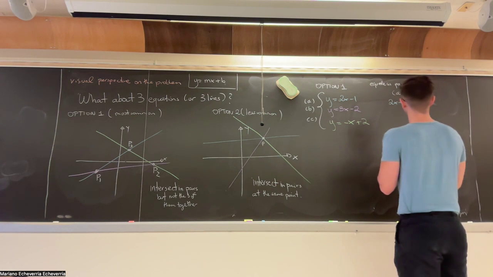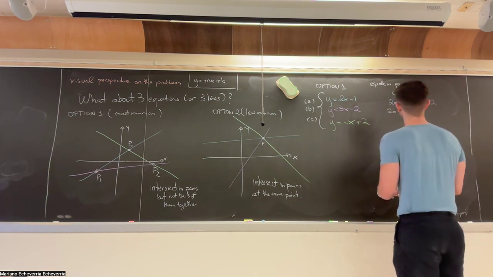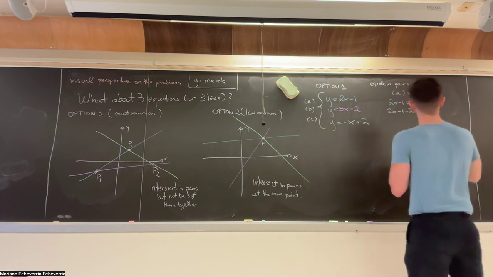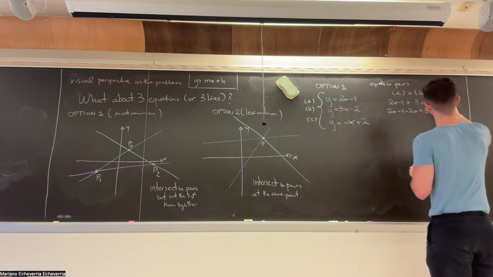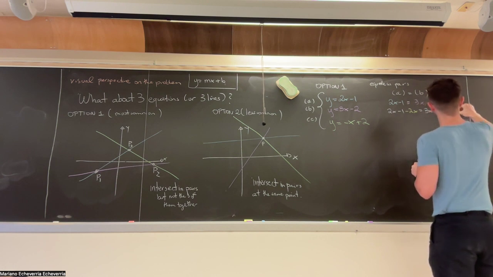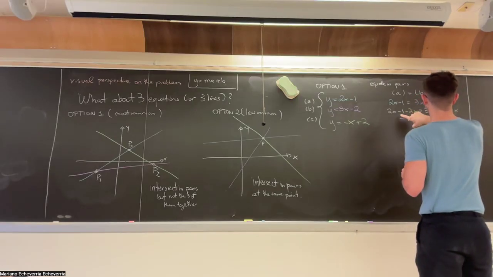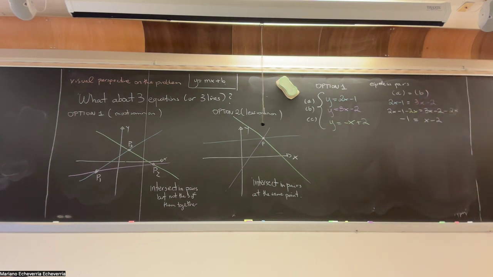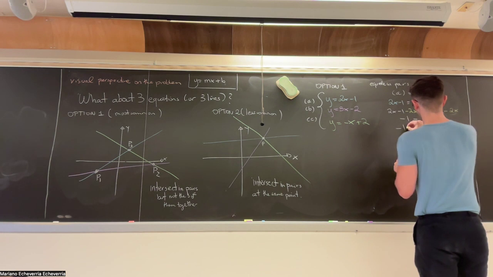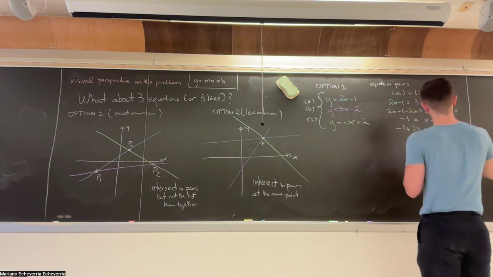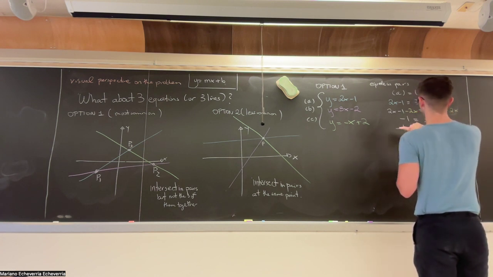So you get -1 equals x minus 2. Okay. And then I'll add 2 on both sides, so I'll do -1 plus 2, and that gives you 1 equals x.